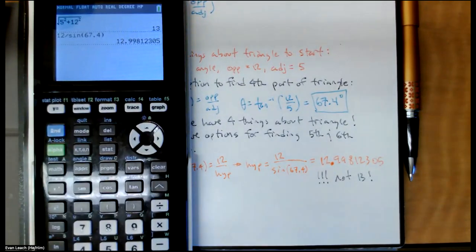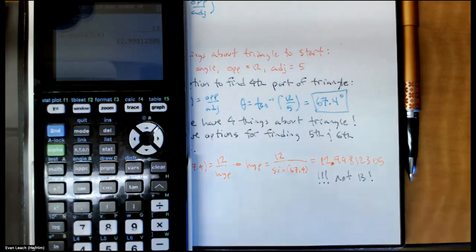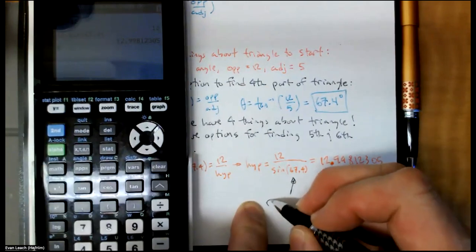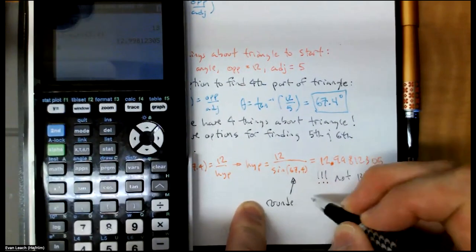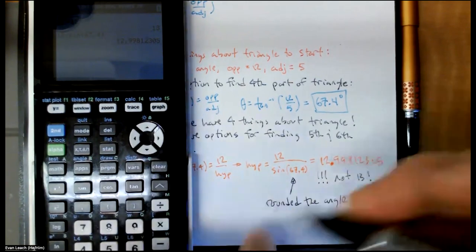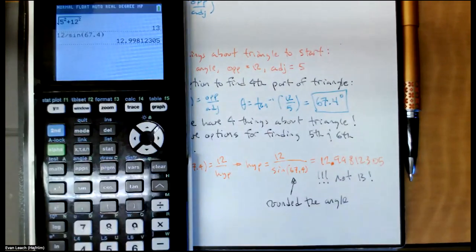The reason that we have to round our answer to get to what we want is that the 67.4 is a rounded off value. When we used 5 and 12, those were given, those were exact, but the 67.4 has been rounded off. So by rounding the angle, we've introduced rounding error.